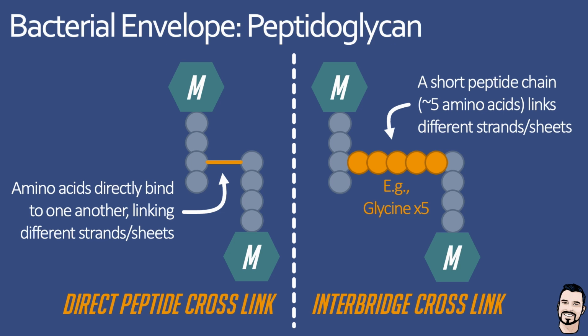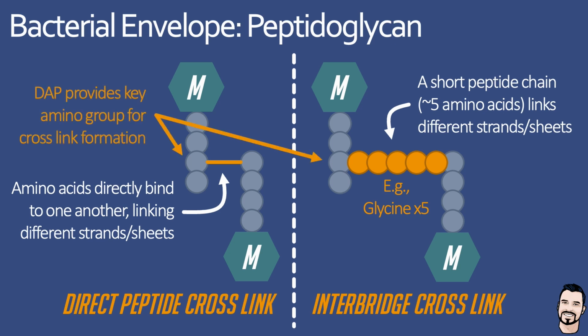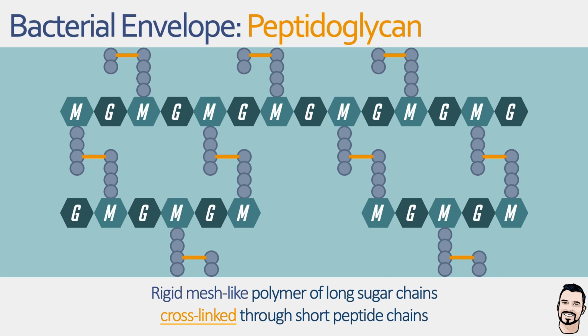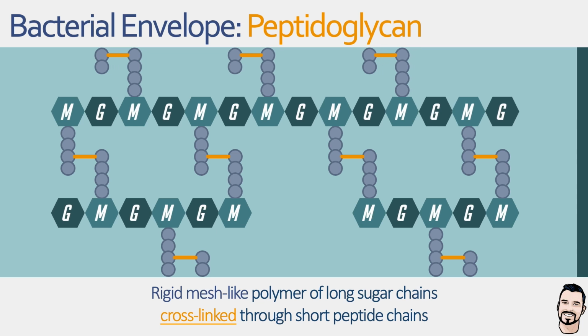Now, the location of these crosslinks is usually between the diaminopimelic acid of one side chain and the D-alanine of another. Now, the purpose of these crosslinks is to join together multiple strands of peptidoglycan, increasing the rigidity of the structure.